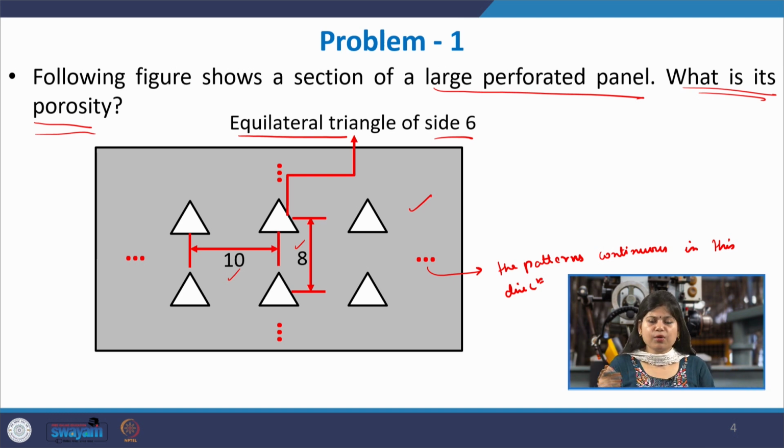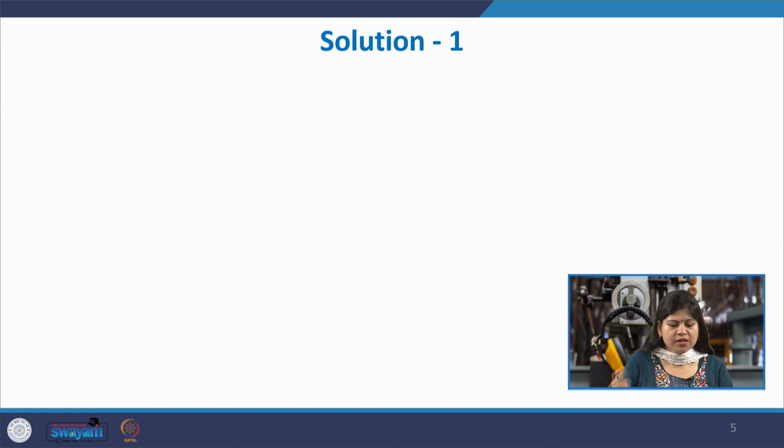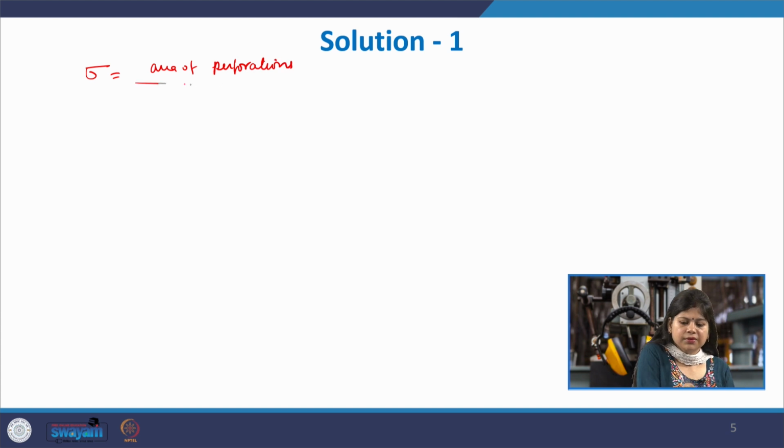The numerator and denominator both have area, so the units cancel; as long as all dimensions are in the same units, which unit you consider will not matter. By definition, the porosity is the area of perforations in the panel divided by the area of the panel.